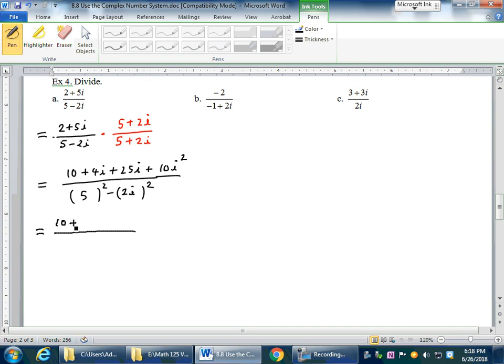So this gives me 10 plus 29i plus 10i squared, so 10 times negative 1. 5 squared is 25 minus 2i quantity squared will give me 4i squared.